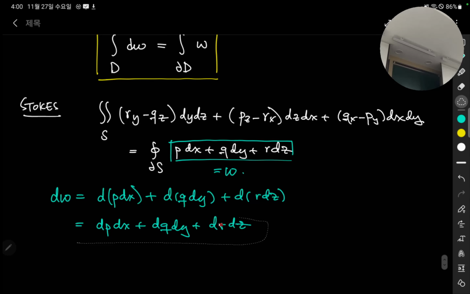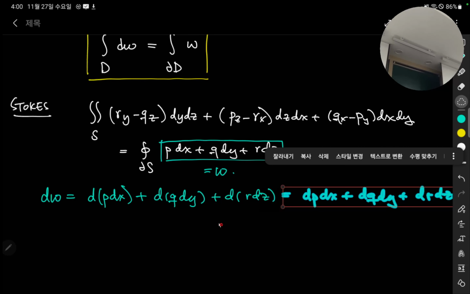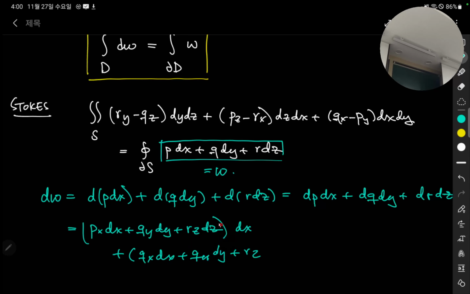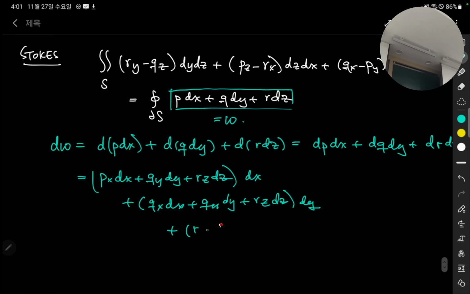And let's expand this here. It's (Px dx, Py dy, Pz dz) dx, and (Qx dx, Qy dy, Qz dz) dy, and (Rx dx, Ry dy, Rz dz) dz.